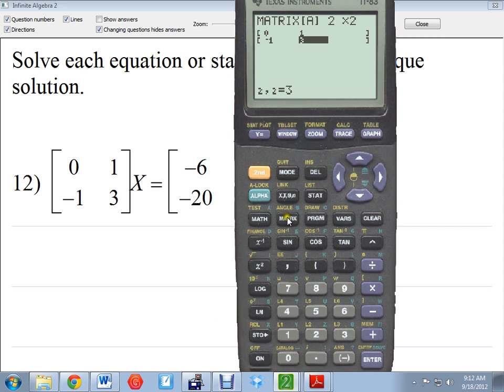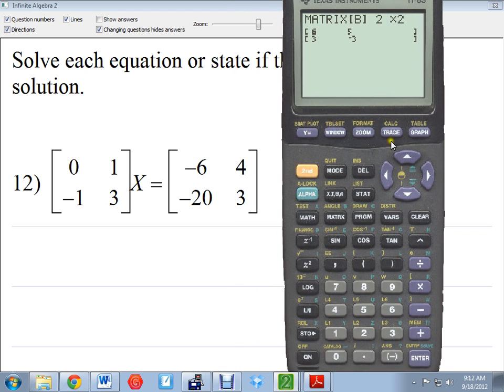And then we're going to go back to the matrix menu, back over to edit. This time we're going to edit matrix B, and we're going to put the B matrix in there. It's still a 2x2, and so that is negative 6, 4, negative 20, and 3. We put those two matrices into the calculator.